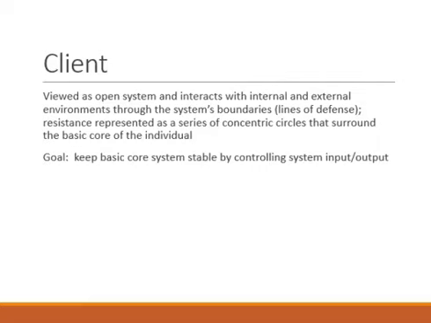So they protect the system from common everyday environmental stressors. And then the flexible line of defense surrounds the normal line of defense and protects it from extreme environmental stressors. So the general goal of all of these protective boundaries is to maintain the internal stability of the individual.